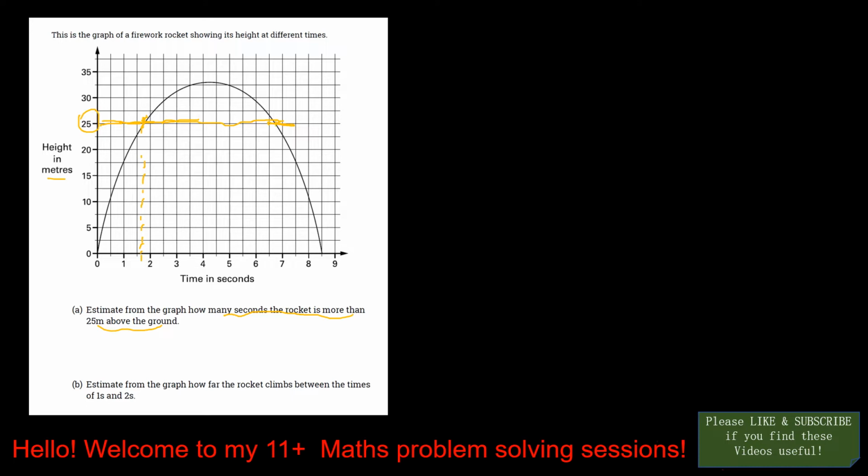It comes to somewhere here. If I draw a similar line from this point down to the x-axis, this point is between 1.5 and 2. This point is 1.5, and this line is 6.5.